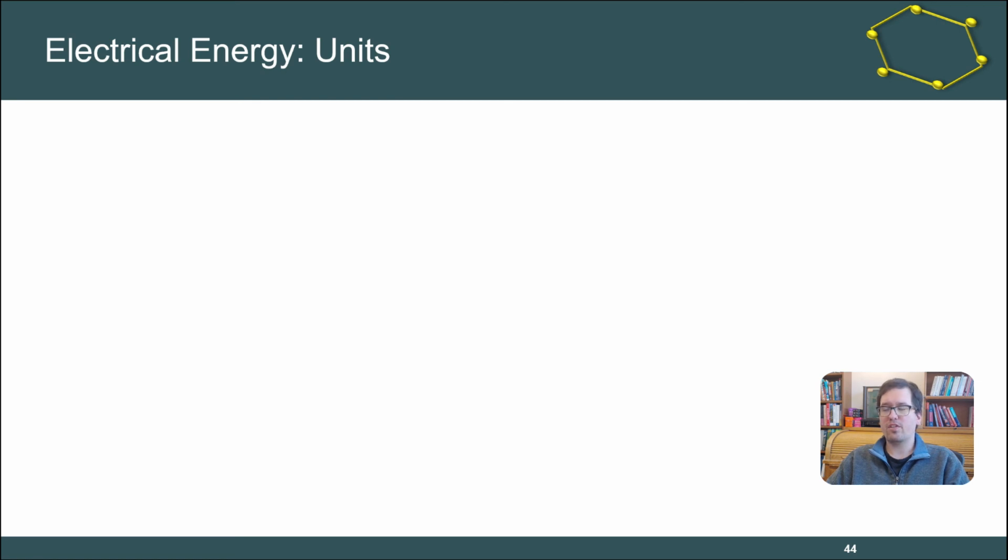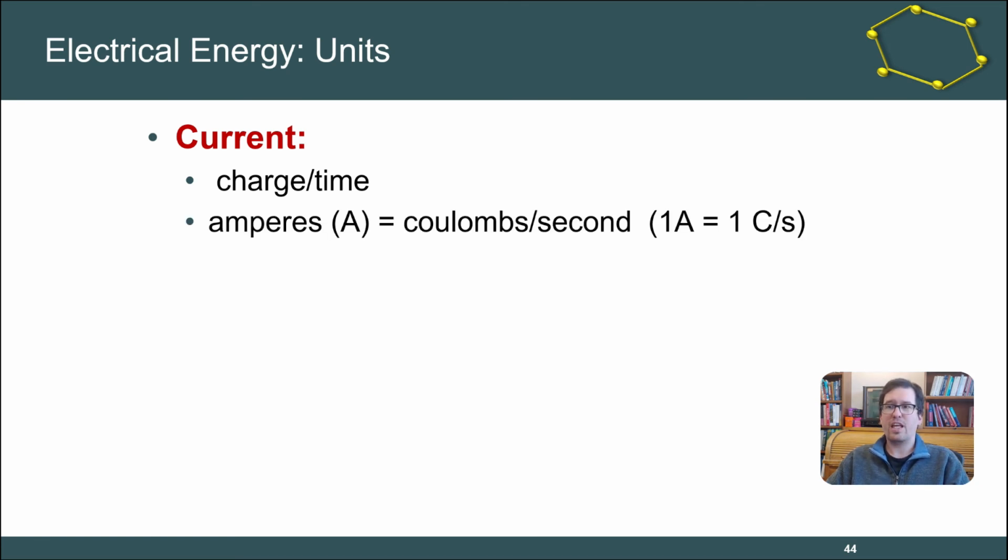Alright, so let's remind ourselves of electrical units and energy so that we can look at conversions or ratings on different types of batteries. Remember, current is charge over time, so however many electrons we're passing over time, and that is in units of amperes, which is the same as coulombs per second. So an amp has units of 1 coulomb per second.